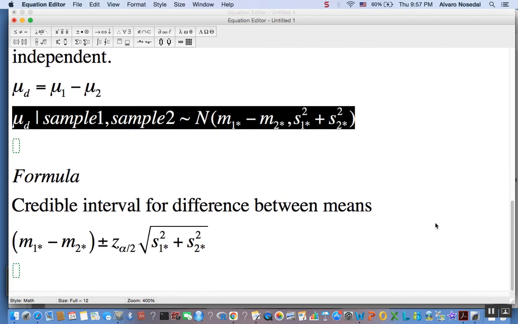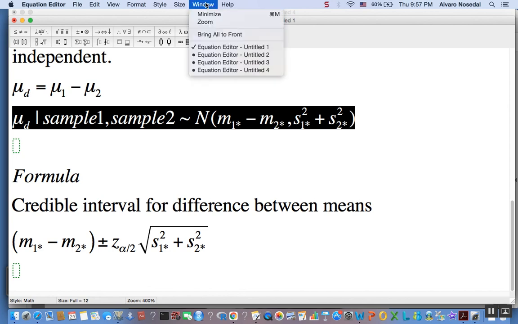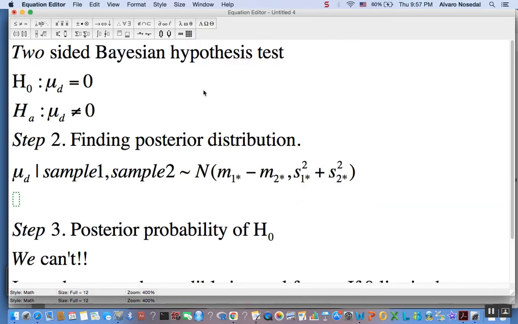We were able to obtain that formula for the credible interval for the difference mu1 minus mu2.